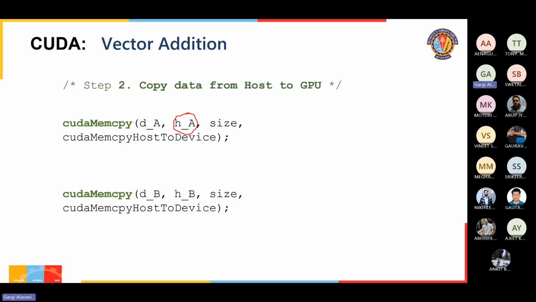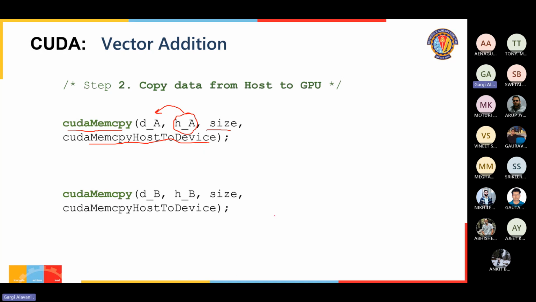This host array is initialized on your CPU, that is, you've given it some elements, and now you copy this host array into your device array by using the function cudaMemcpy. This is the device array, this is the host array, which is the CPU array, the device array is the GPU array, then the number of elements in this array, and the direction of copying. So in step 2, you are copying host to device. You are sending the data from your CPU to your GPU for the computation.